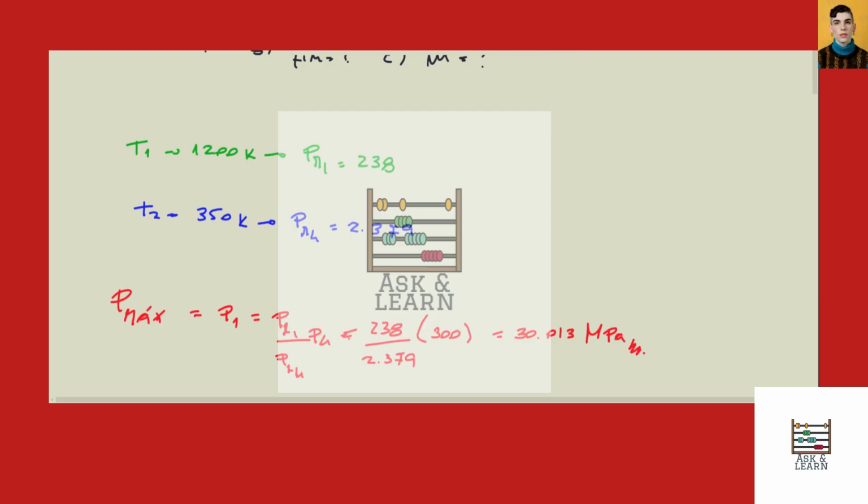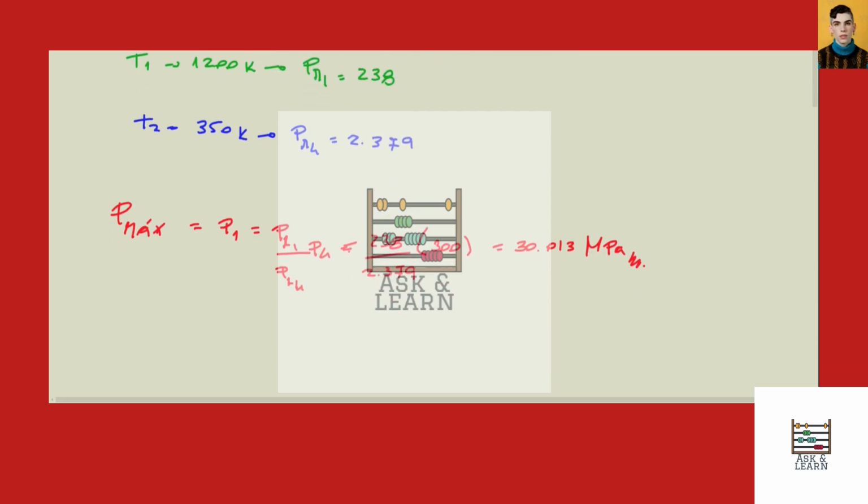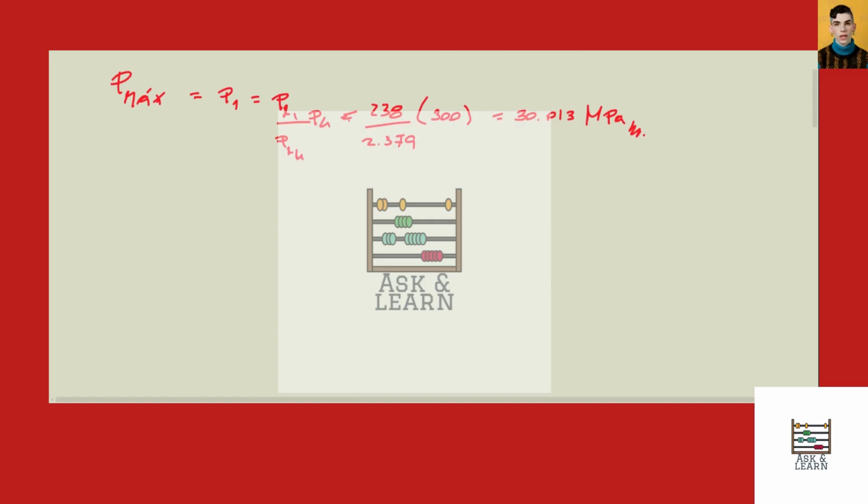Okay, so that's the first answer to this problem. Now let's move on to the input heat. And to find the input heat, we can look to the efficiency, because the efficiency of the Carnot cycle, of any cycle actually, is just the net work divided by the input heat.